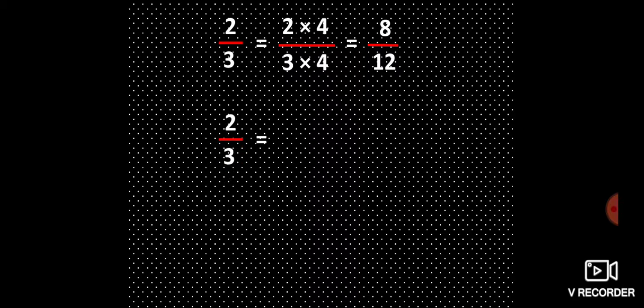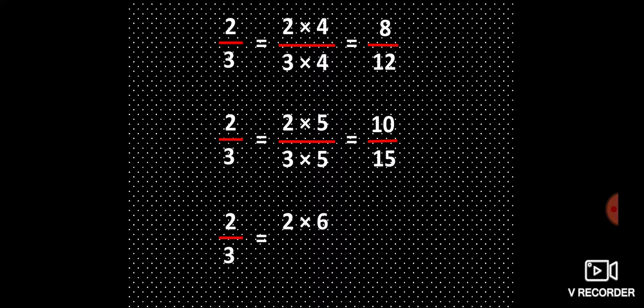Next, 2 into 5 by 3 into 5 equal to 10 by 15. Next, 2 into 6 by 3 into 6 equal to 12 by 18. So the other 3 equivalent fractions are here.